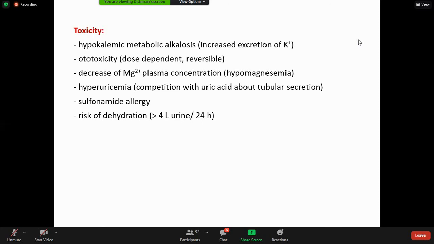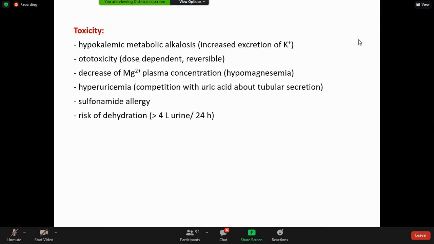One major example is a group of antibiotics, the aminoglycosides, that can cause ototoxicity. So we have to be very, very careful if a patient is on an aminoglycoside antibiotic, for example gentamicin. Decreased plasma magnesium concentration, hypomagnesemia, is just like the thiazide diuretic.